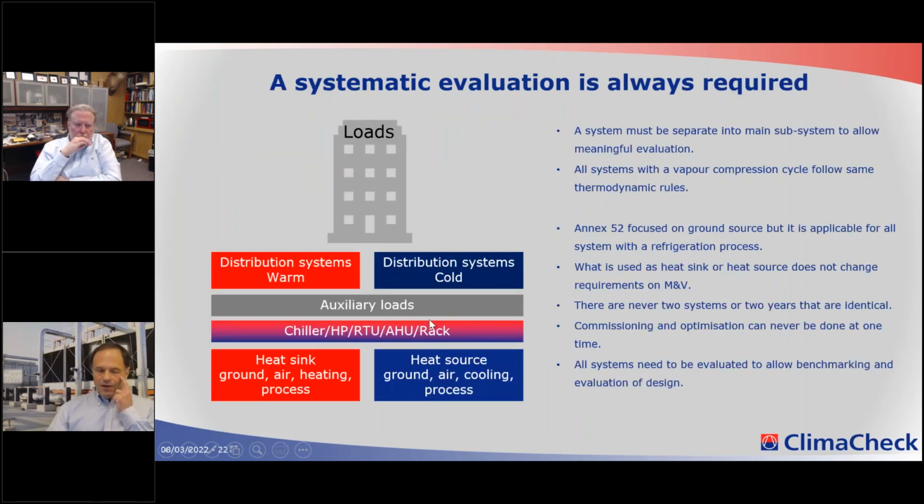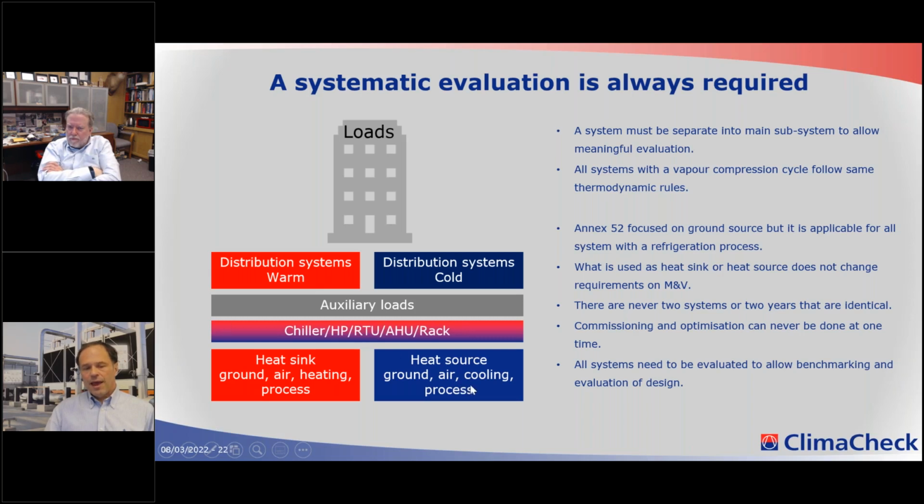And one of the key things that was also discussed in Annex 52 is, of course, that you need to not measure the whole system as one, or just focus on one part. You need to understand what is causing what in the system.